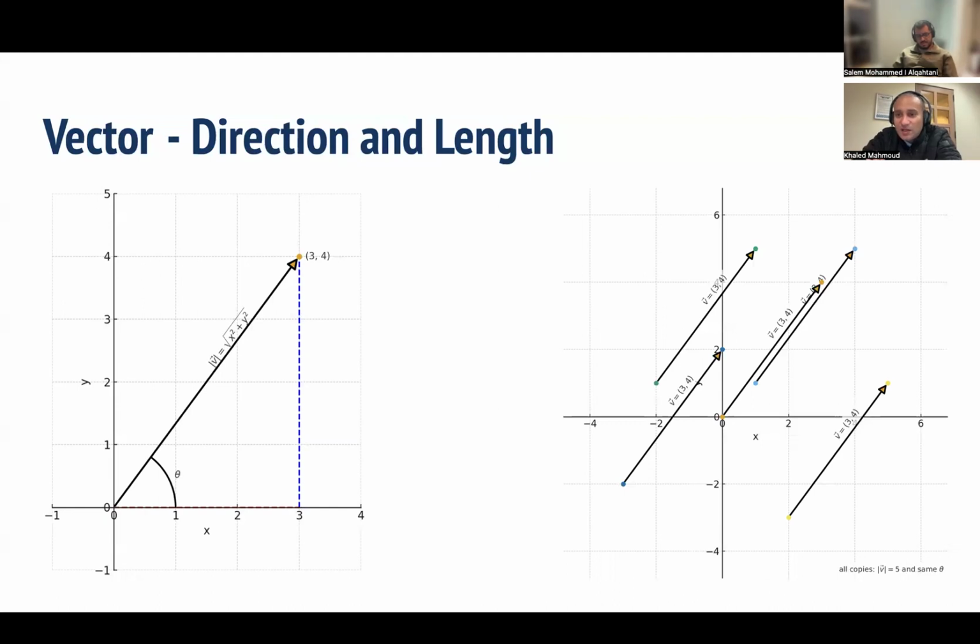So the most important features we care about in a vector are the direction and the length. And again, for simplicity, in textbooks, when you see a vector they need to draw it, so they select a starting point, usually the origin, and the end point is (3, 4).